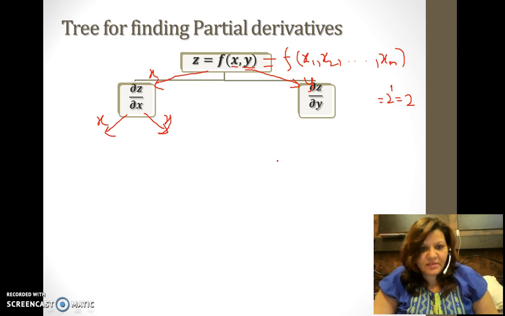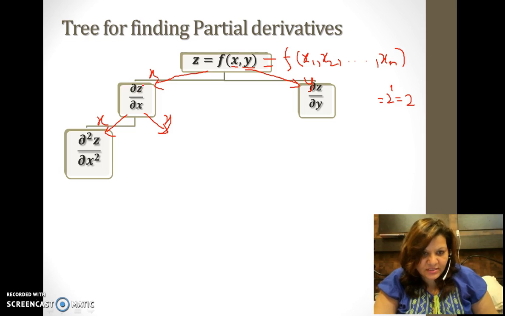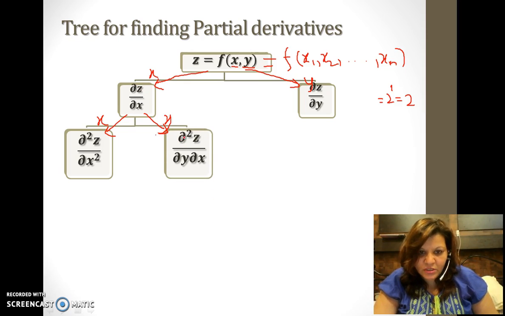So let us see the derivative of that with respect to x. The derivative of z with respect to x and again x is dou square z by dou x square. Similarly, the second order partial derivative of this with respect to y is going to be dou square z by dou x dou y.